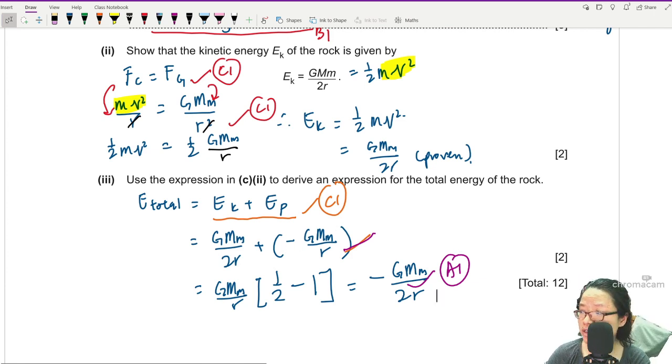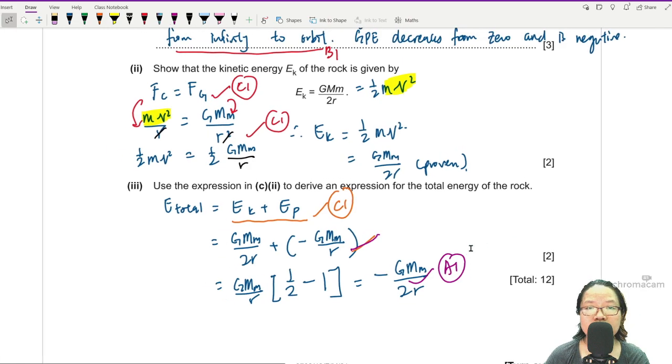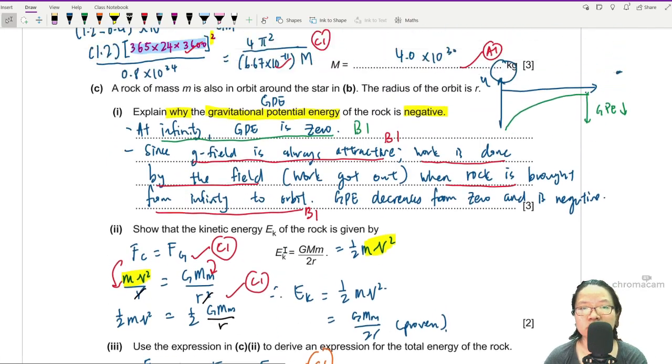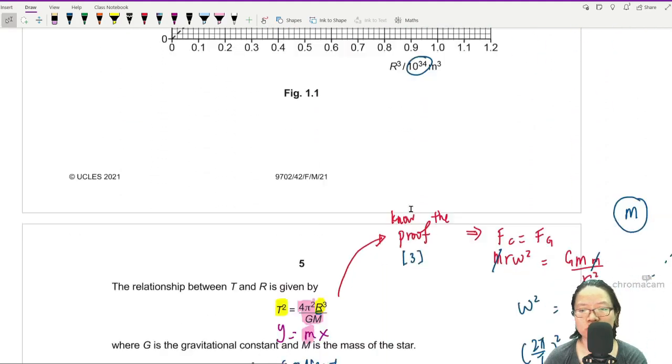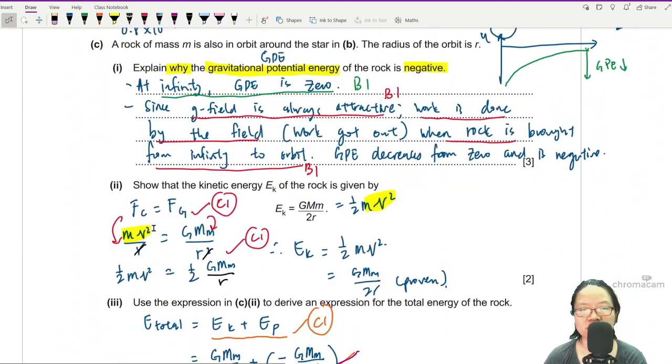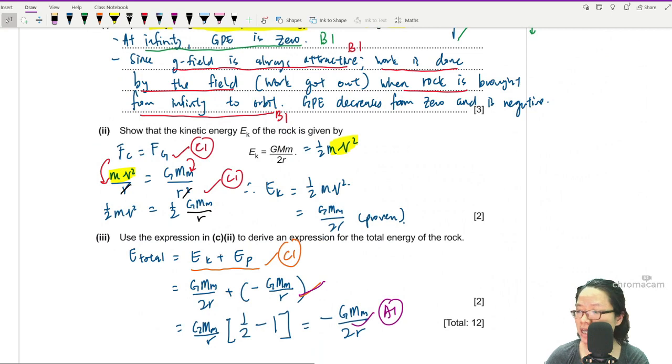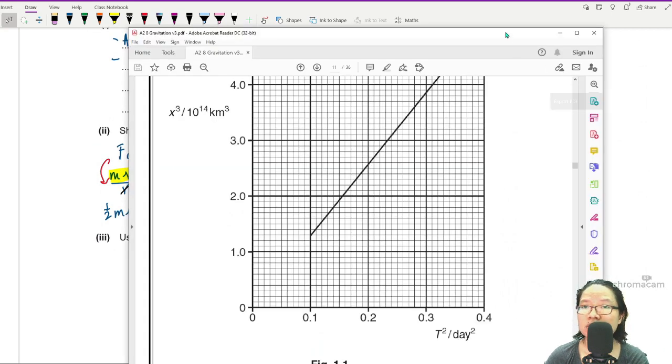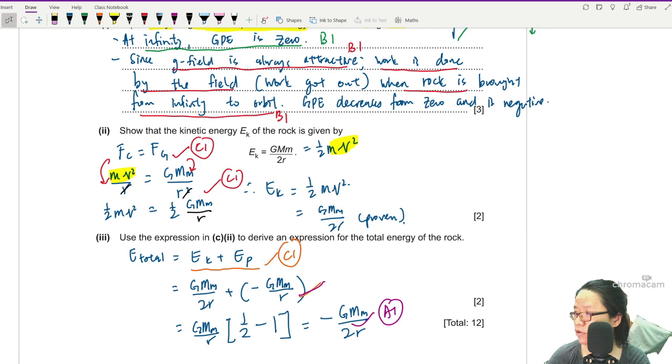It's a pretty inclusive question. We went all the way from the period of orbit, analyzing the graph, to looking at the potential energy. If you want a question that involves potential energy just to try out, you could refer to ON 15, paper 41, question 1.